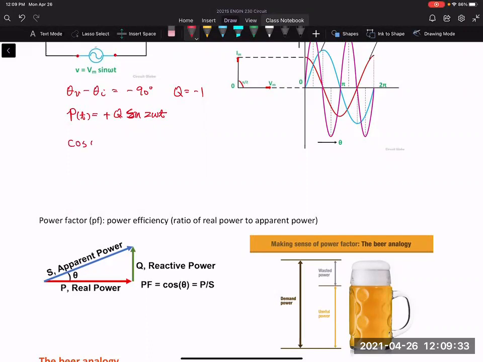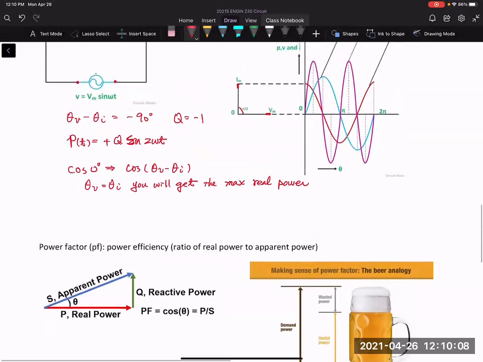If you have a cosine 0 degree, and in our circuit we have a cosine with theta v minus theta I, that means if the theta v equal to theta I, if you have these two equal, you're going to get the maximum real power.